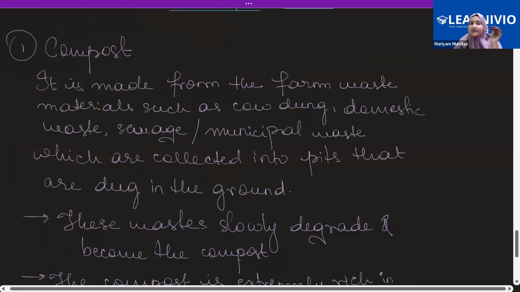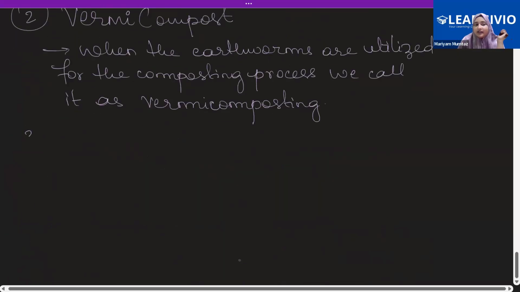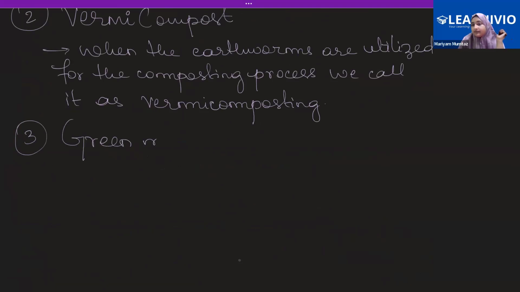Then we have seen the manure is also in the form of green manure. Does anyone have any idea what is green manure? Plants which can increase the soil's fertility by being decomposed into the soil.